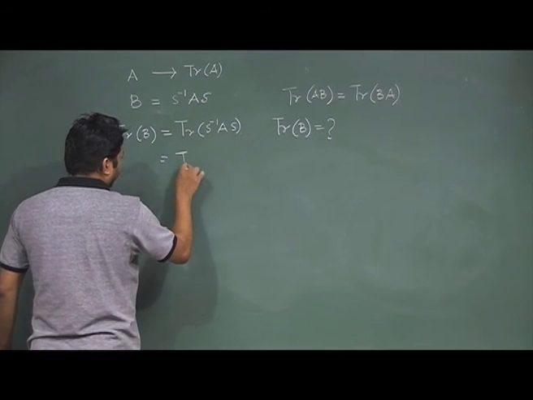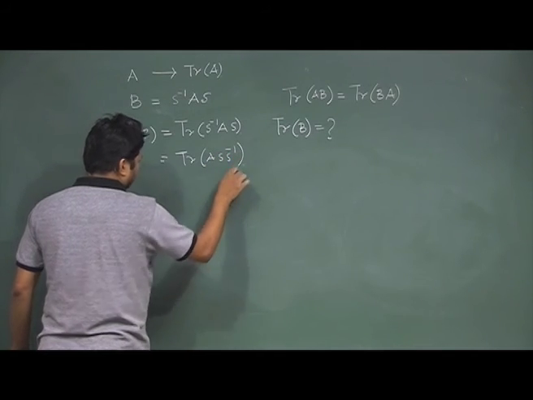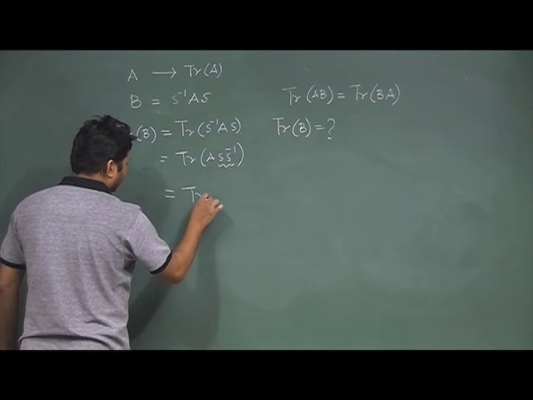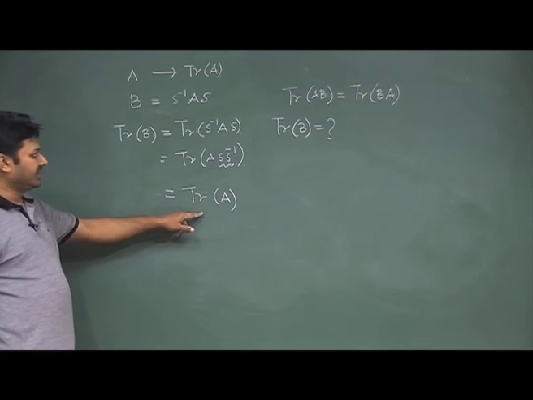I write it like this. This is nothing but unity. So, trace of B becomes trace of A.